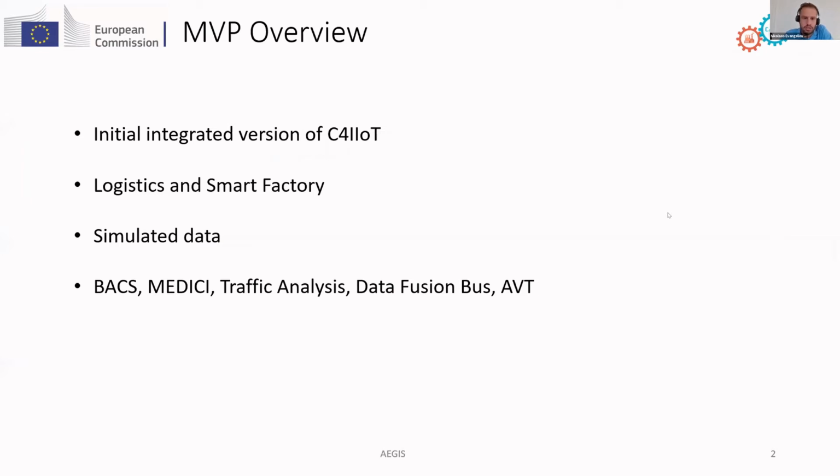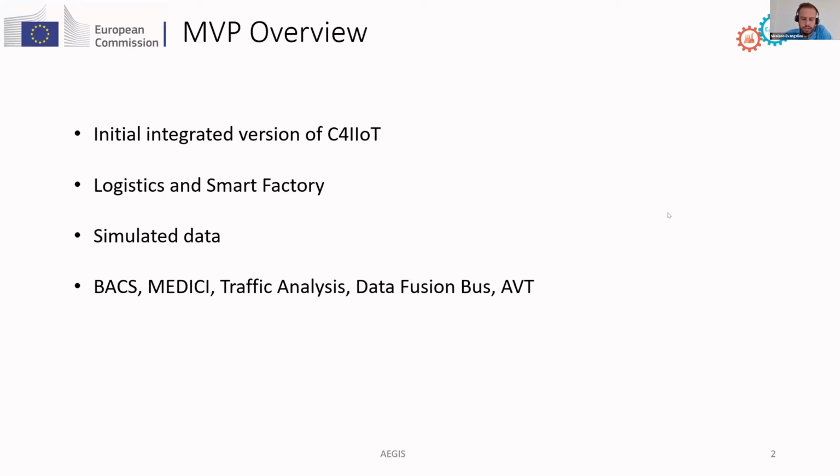Logistics and smart factory are the two use cases selected for the project and are both implemented in the C4IIoT MVP. Even though our intention was to integrate the MVP version in the pilot site, the COVID-19 outbreak imposed restrictions or total shutdown and affected transportation and travel as well for several weeks.